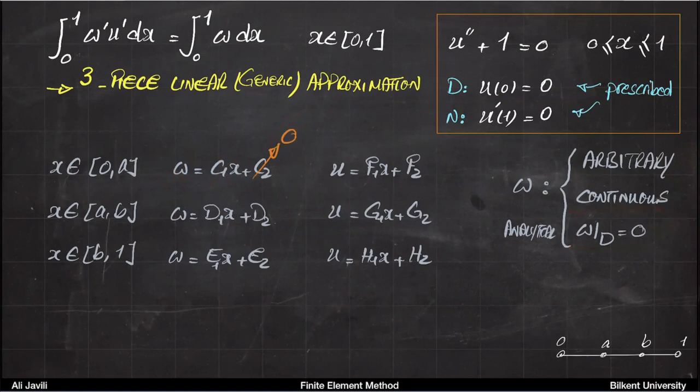Continuity basically tells you that at A, let's say you would have a function which looks like this. At points A and B, you can have different pieces of lines, so we call them piecewise linear. But at those points, A and B, they must be continuous.